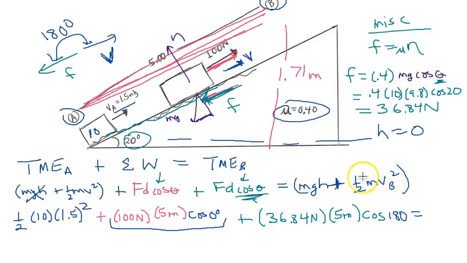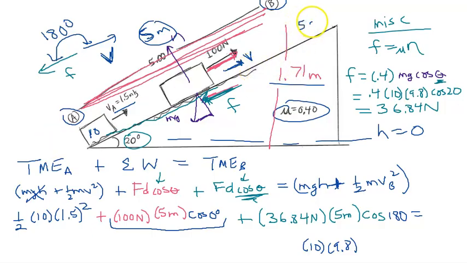At point B, we are above sea level, so you have plus m, which is 10, g, which is 9.8, times the height. This 1.71 came from, instead of breaking down a force vector, saying, you know what, this 5 is my hypotenuse.